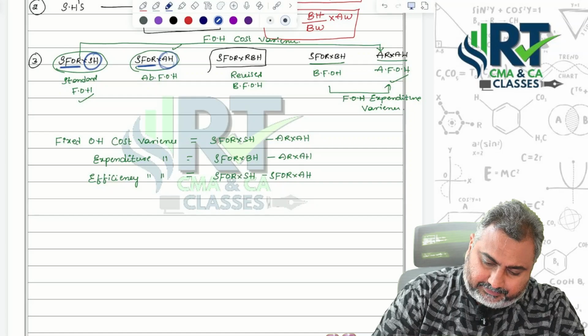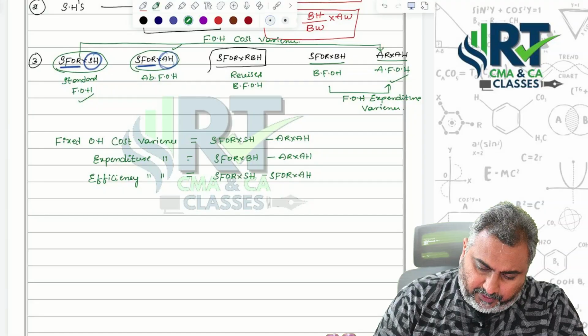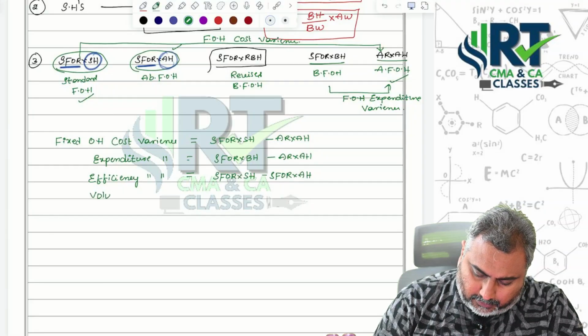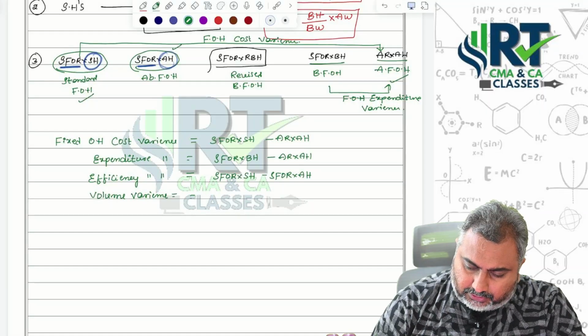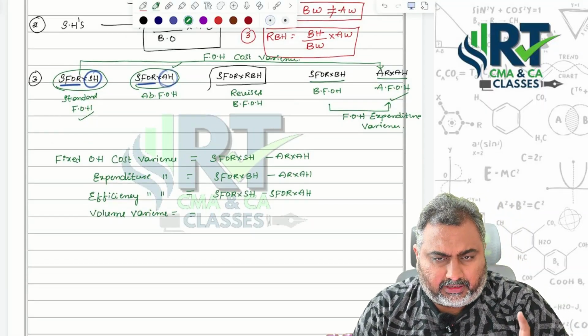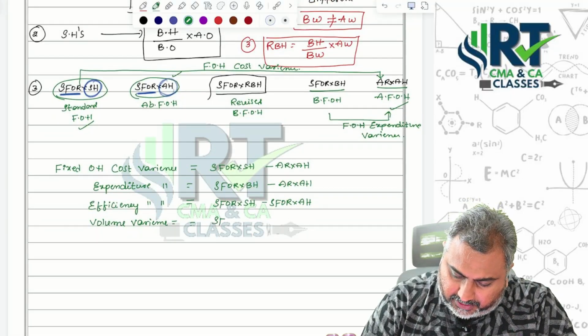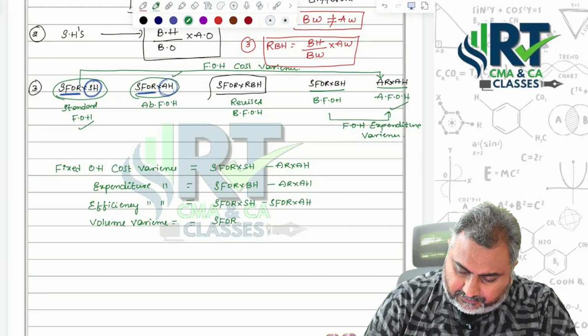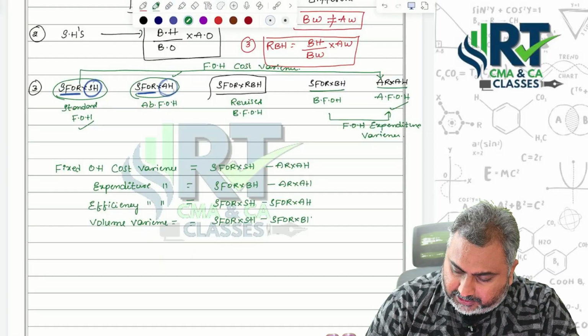Third one, Nana. Fixed overhead volume variance. Here only students will confuse between volume and capacity point of view. Sir, how to remember? Simple, sir. First, let me write down the formula. SFOR into SH minus SFOR into BH.